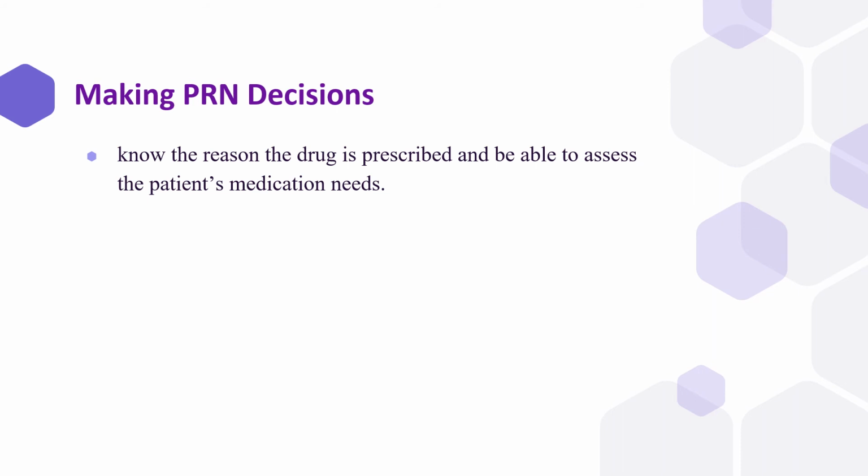In making PRN decisions, the nurse should know the reason the drug is prescribed and be able to assess the patient's medication needs. An example would be a PRN order of diazepam as needed for active seizures.